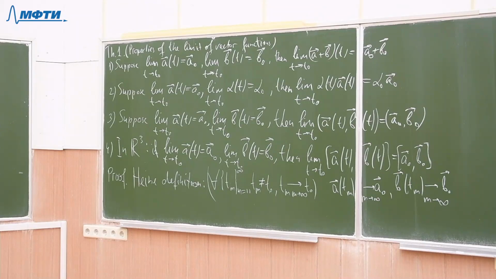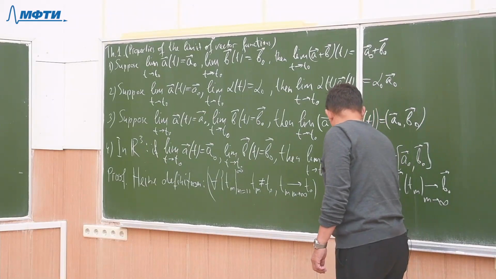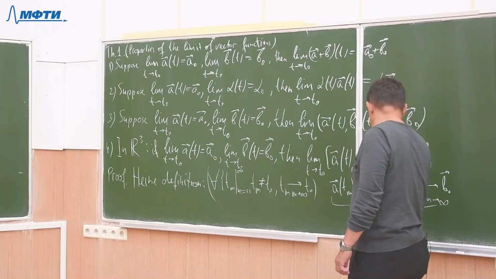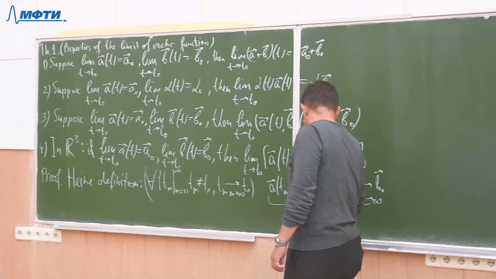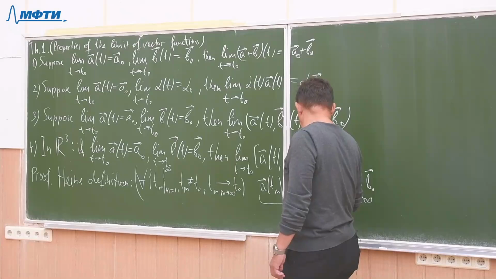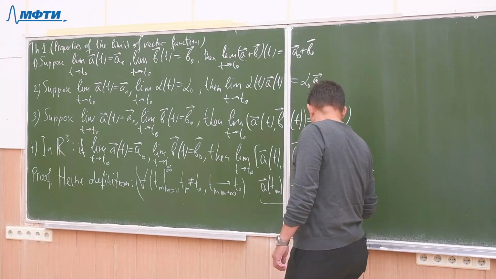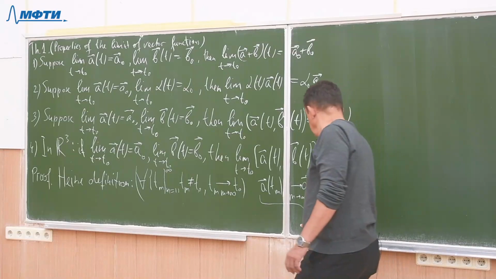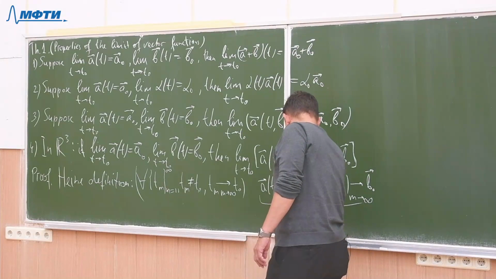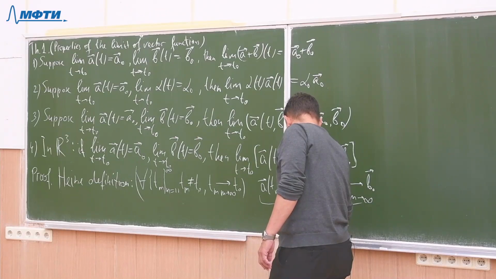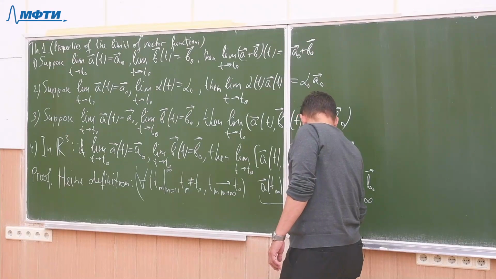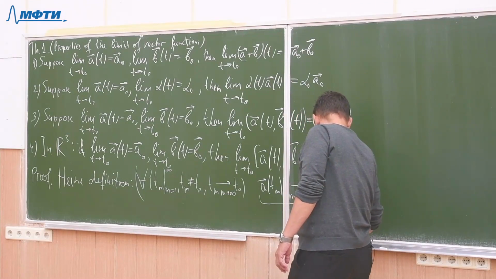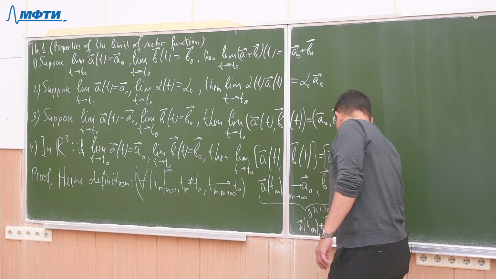And then we use the property of limit, namely theorem 1 from the former section, section 2, properties of limit for sequences, and we deduce that the limit of the sum of those sequences is equal to the sum of limits.